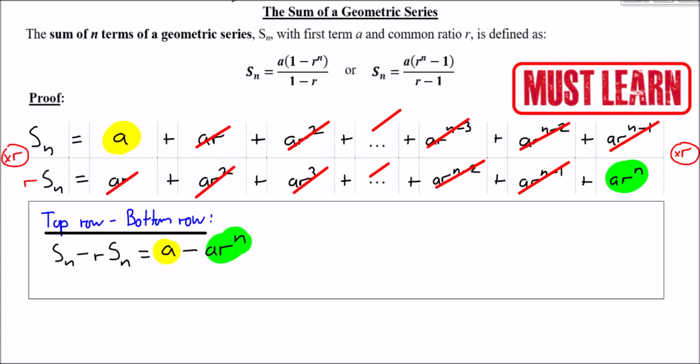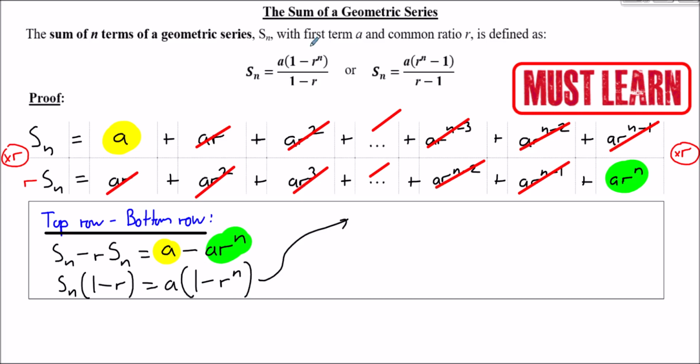Now, if we look at the left and right, we can factorize both sides. On the left, there's an Sn term in each, so I can factorize out Sn. So Sn, brackets 1 minus r. Over here, I can factorize out an a. So a, brackets 1 minus r to the n.